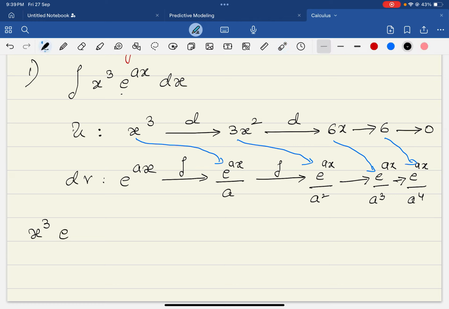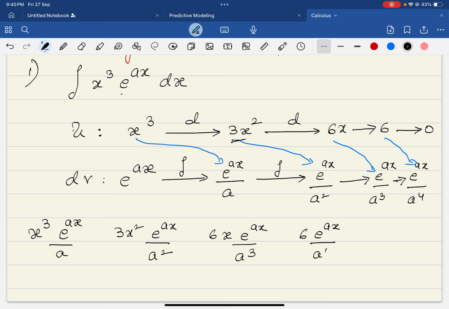So now x cube multiplied by e raised to ax over a, and then the next term is 3x square multiplied by e raised to ax over a square, and the next term is 6x times e raised to ax over a cube, and the next term is 6 times e raised to ax over a power 4, and then of course the constant.